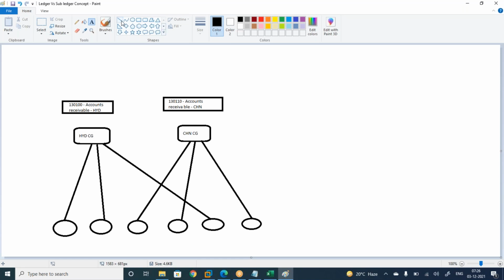I will map this linkage. Then it will be easy.